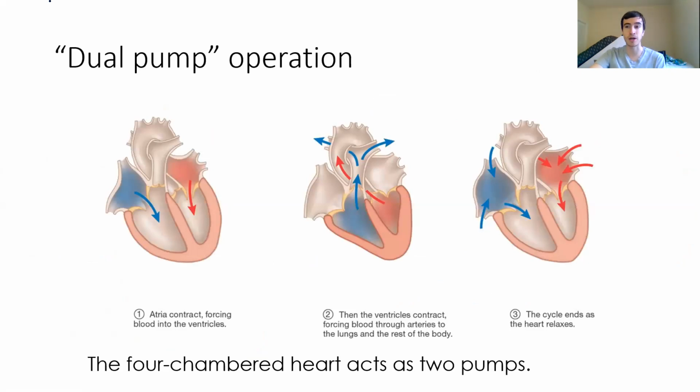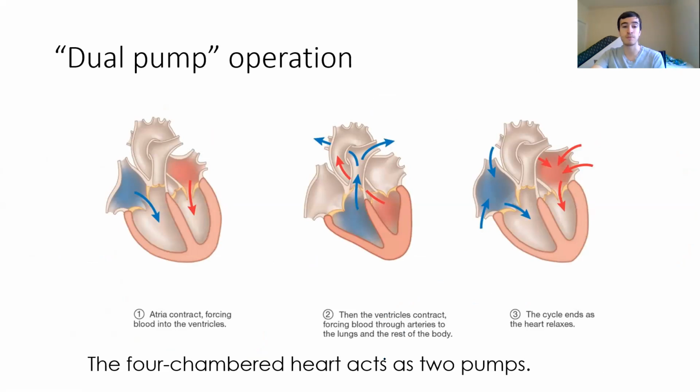So when people describe the heartbeat, you usually think of it as like a bum bum, bum bum, bum bum kind of beat, right? That's because we have what's called the dual pump operation in our heart, which is where that first pump is when the blood goes from the atria into the ventricles.